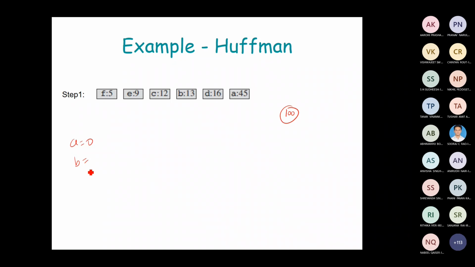What is the code for A? For A, it's 0. For D, can you write 1, 1, 1?